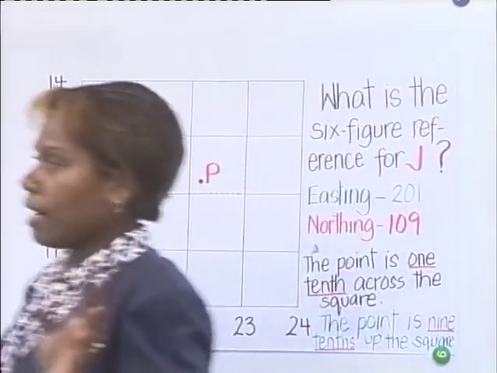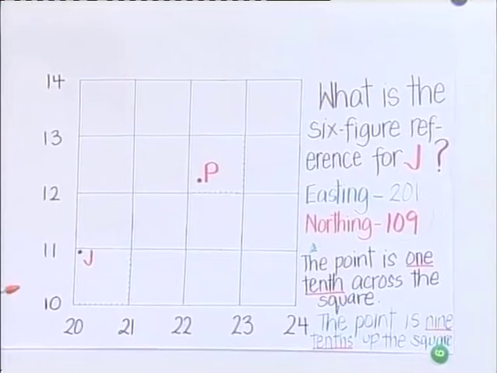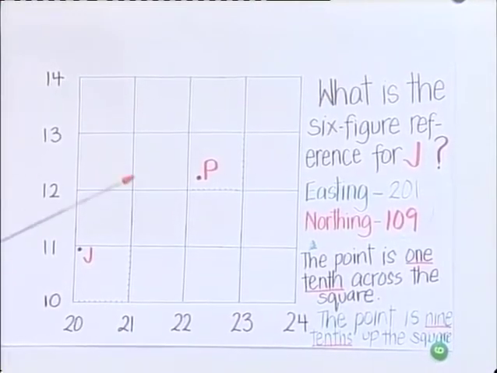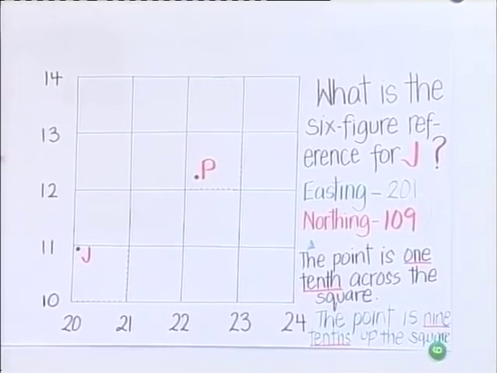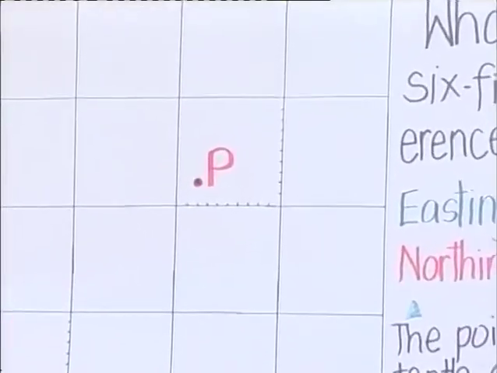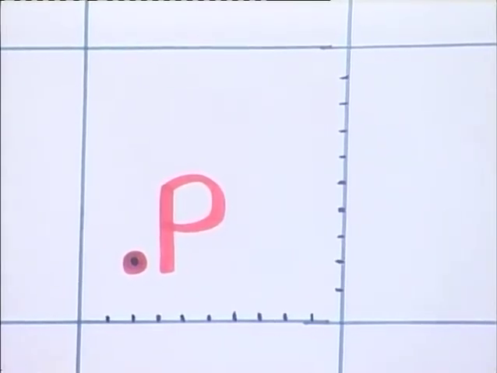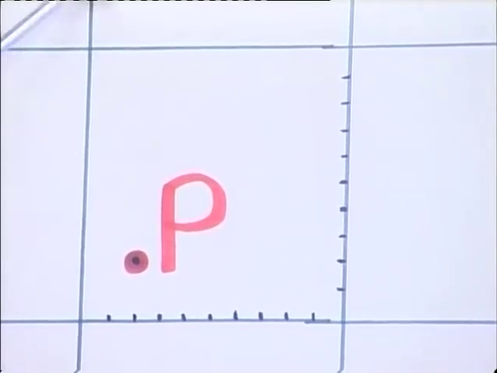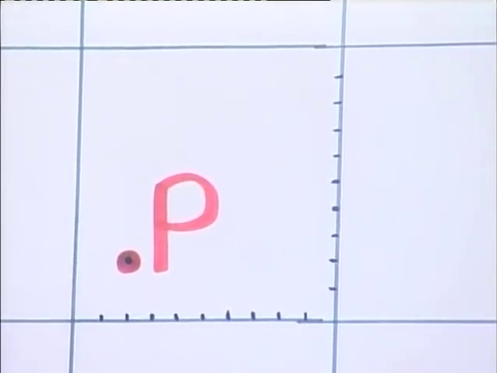I know some of us are still confused. Let's have a look at the next one, P. Again, we find the 6-figure grid reference for P. Firstly, you have your easting. Easting comes first. So what will it be? Easting 22. P is in here, so it's 22.